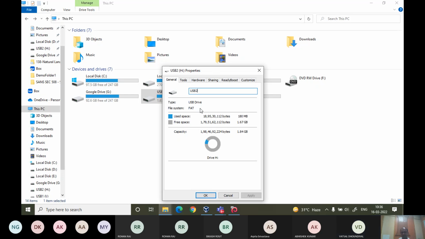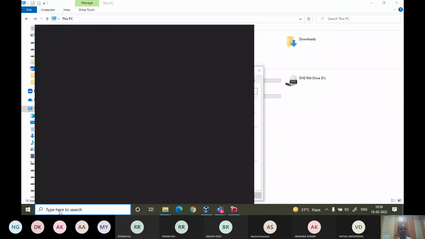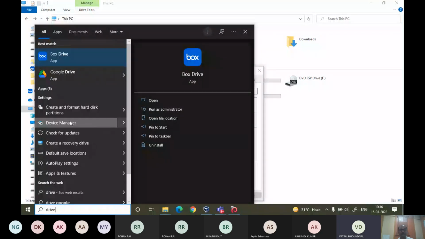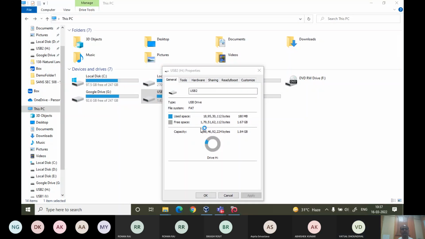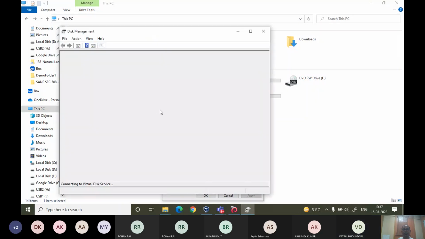How to do it, you know? Yes, sir. Disk management basically in Windows, and you can partition them. Those who do not know, you can go to disk management. I think from here we can go to disk management. So this is what I had on Windows PC.